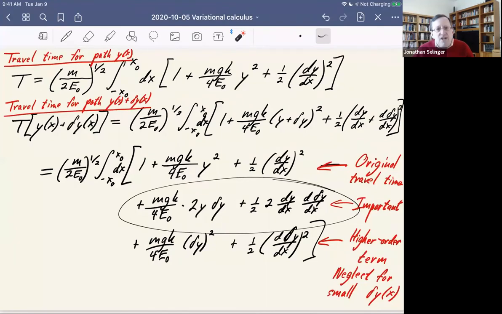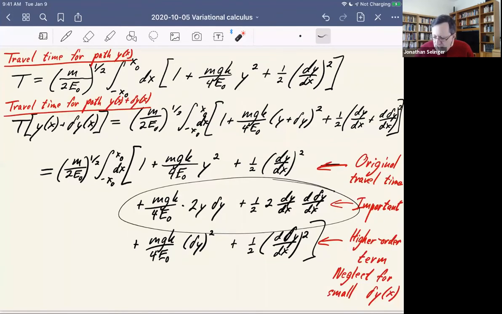Well, just 2 in this case, but it could be 2 or more. And these I'm calling higher order terms because these are small when delta y is small. When delta y is small, then anything involving delta y squared is even smaller. So those terms are negligible when we consider very small changes in the path.